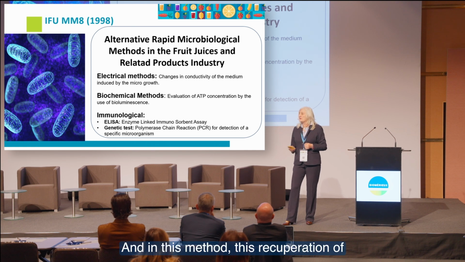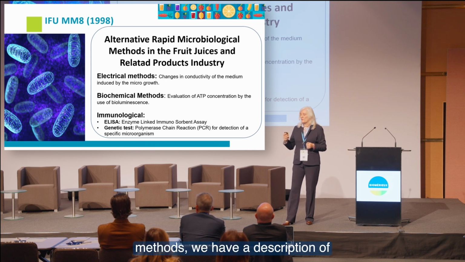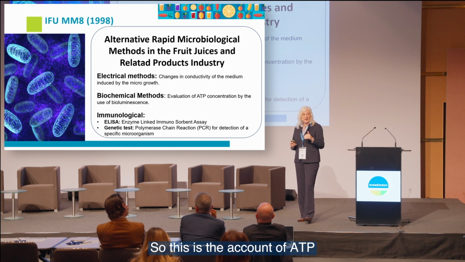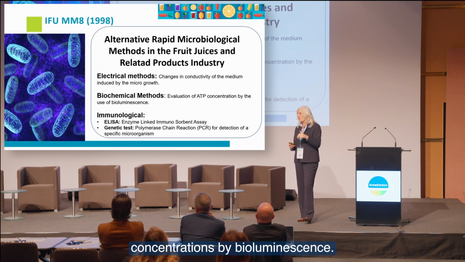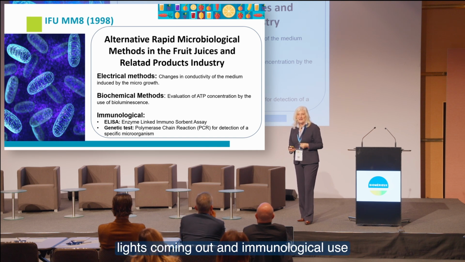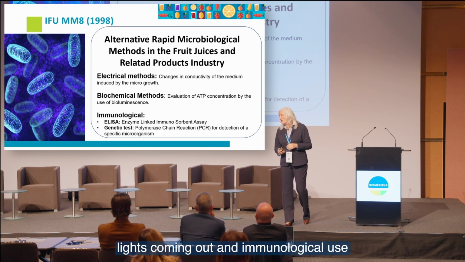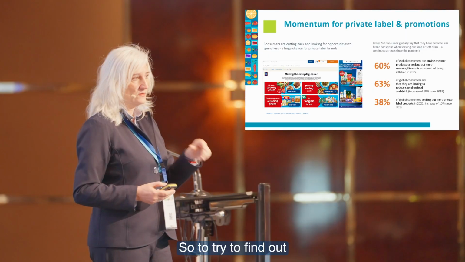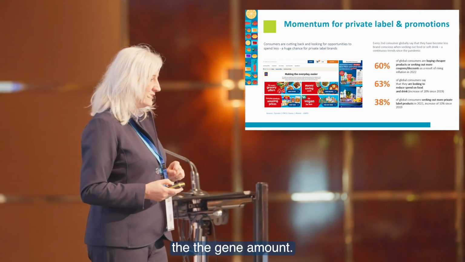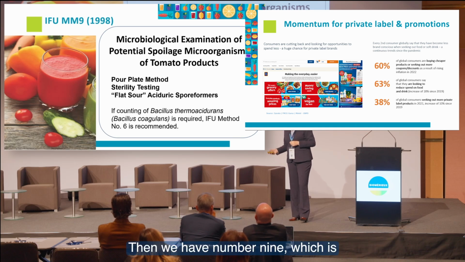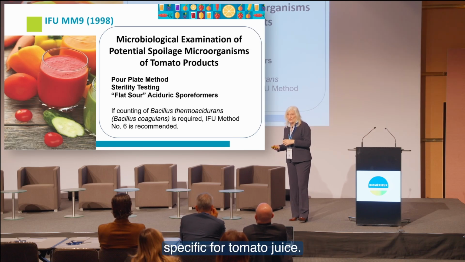And in this method, this recombination of methods, we have a description of electrical methods, of biochemical methods, so this is the account of ATP concentrations by bioluminescence, like we have these lights coming out, and immunological using ELISA and genetic tests like the PCRs to try to find out the gene amount.